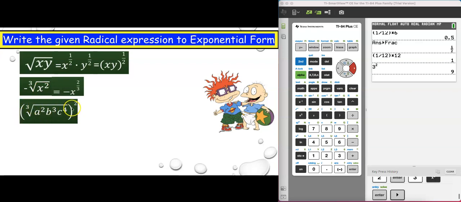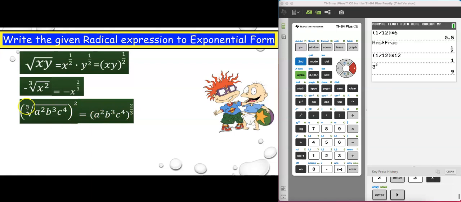So now look, we're squaring all of this stuff, because all of this stuff is raised to the second power. We're taking the cube root of all of this stuff and then squaring it. So let's consider what happens. If I were to rewrite this, I would take all of my stuff that's under my radical, which is a squared, b to the third, c to the fourth, and I'm going to raise that to the 2/3 power.